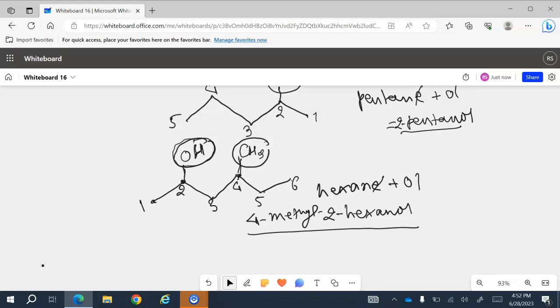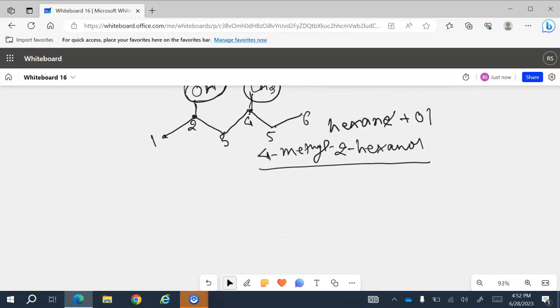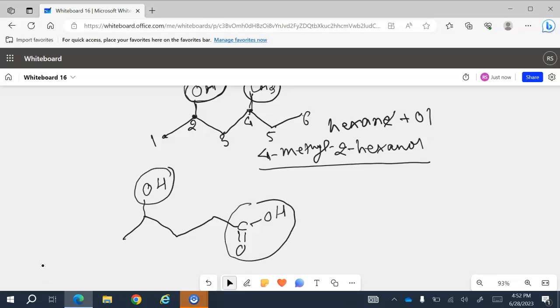Sometimes, however, and that is another very important point, we have a multifunctional compound, with more than one functional group. Say for example, suppose you have here C double bond O, OH, and here is an OH group. Here you have the alcohol functional group, and we have here the carboxylic acid functional group.